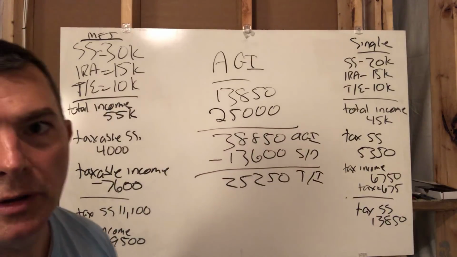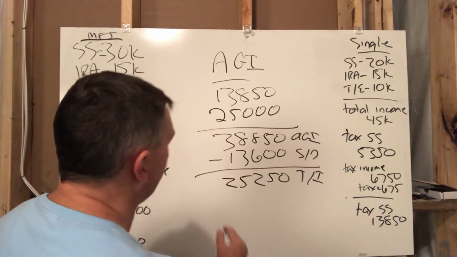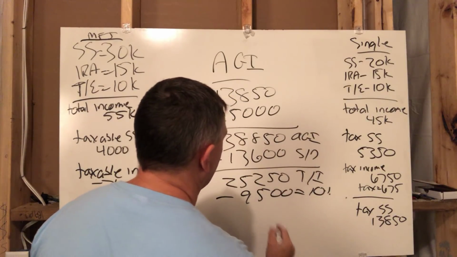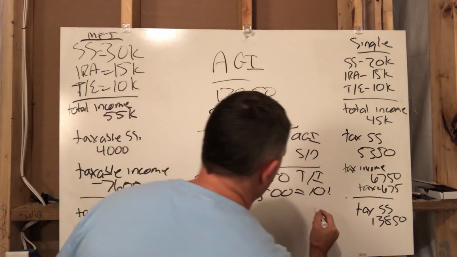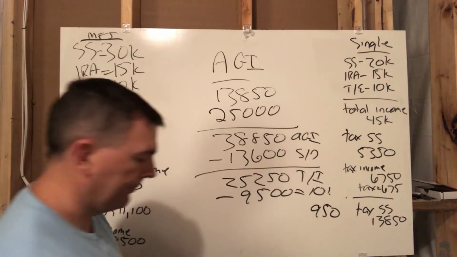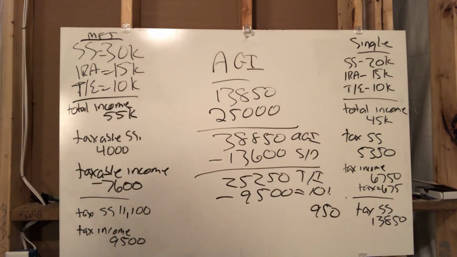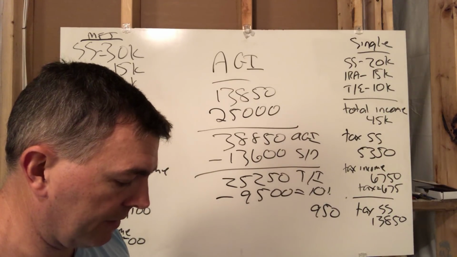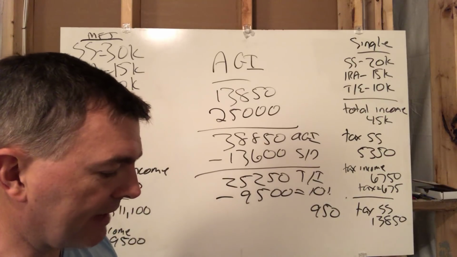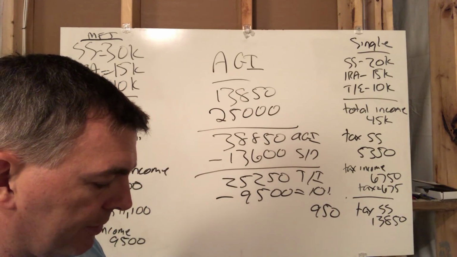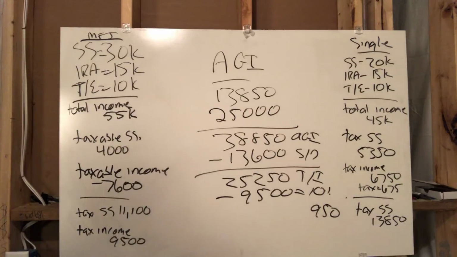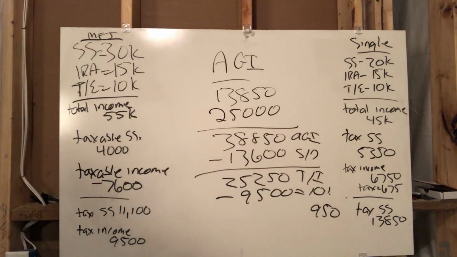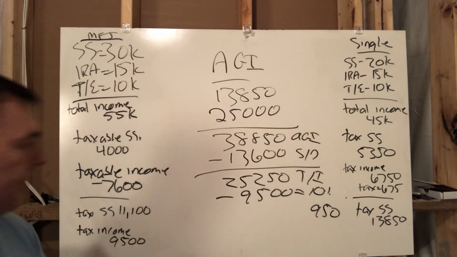Roughly the first $9,500 is at 10%, so that's $950 of tax. Then we take 25,250 minus 9,500, which is $15,750, times 12%. That's $1,890, plus $950. Our total tax here is $2,840.